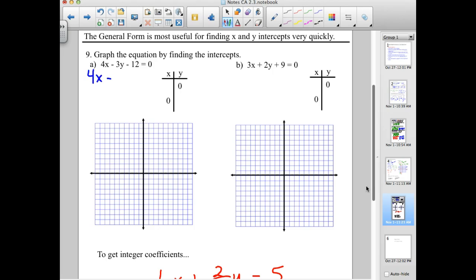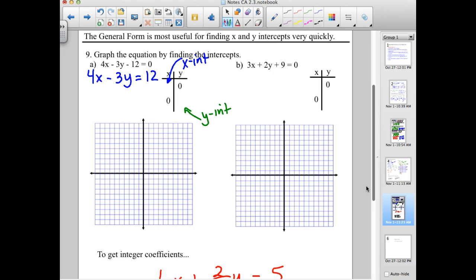So let's think of this as 4x minus 3y equals 12. If we put a 0 in for y, what we are finding is our x-intercept. If we put a 0 in for x, we are finding our y-intercept. Okay? So you're just going to go through one at a time and replace one of your variables with 0.